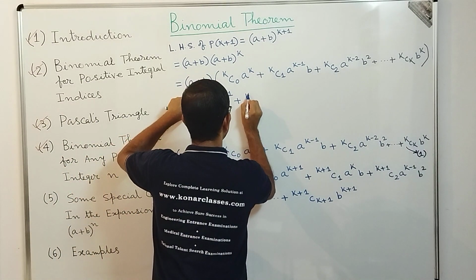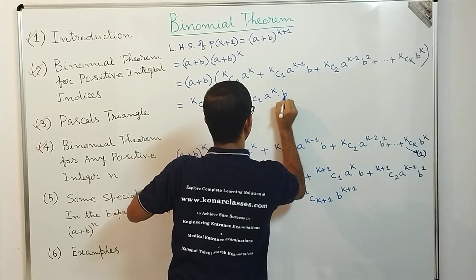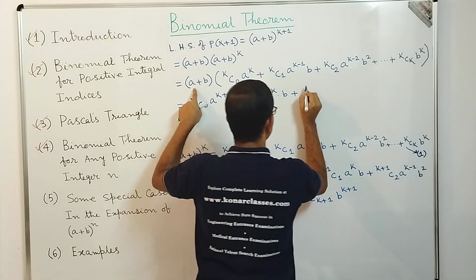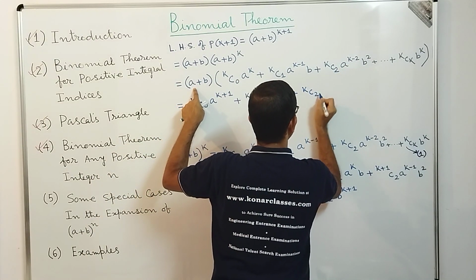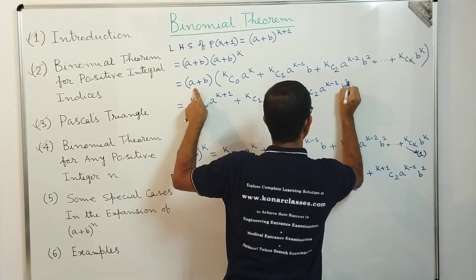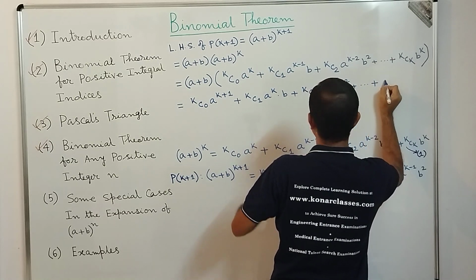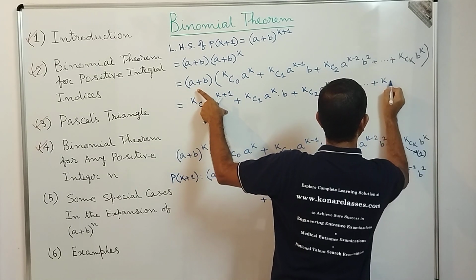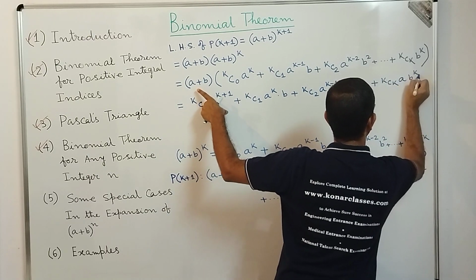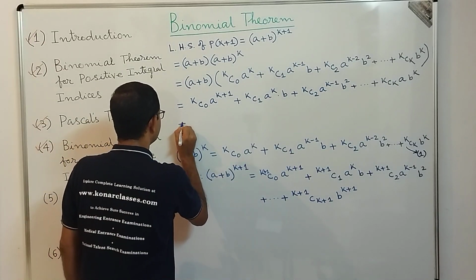So we get kC1 into a^k into b, plus a into a^(k-1), kC2 into a^(k-1) into b square. In that way it will go till kCk into a into b^k. Correct? Plus what are we going to get?